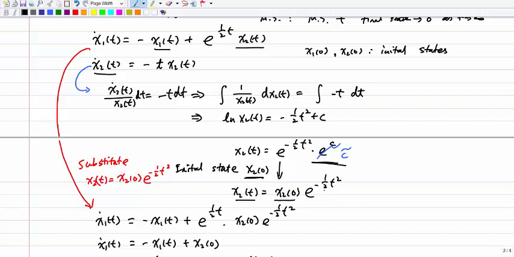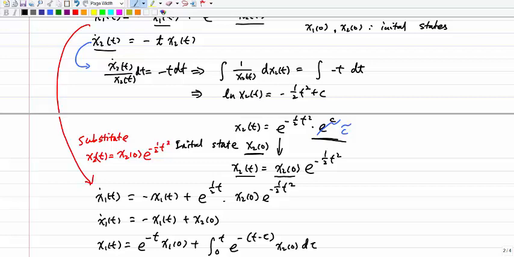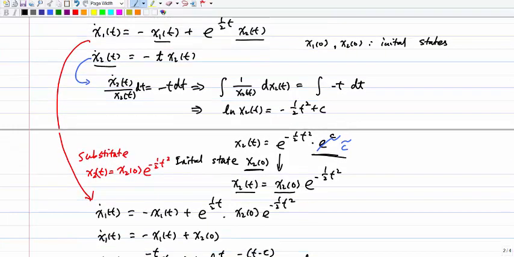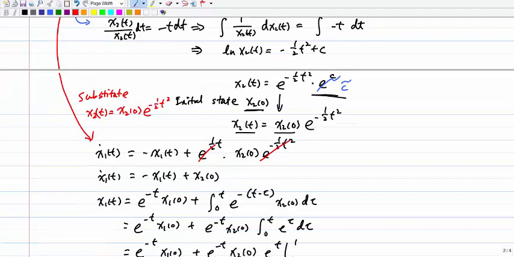Once I have this solution, I can plug it into the first equation and figure out the solution for x1t. I substitute x2 by x20 times e to the negative 1 half t squared, so I have x1 dot t is negative x1t plus e to the 1 half t squared times x20 times e to the negative 1 half t squared. The nice thing here is that it just cancels out, because the product is just 1.